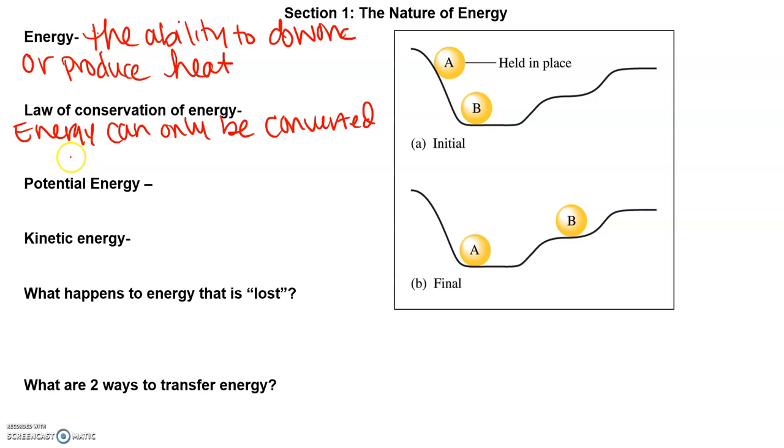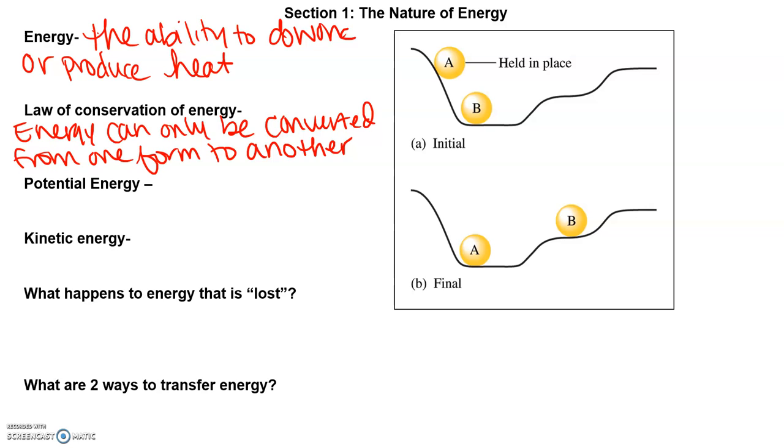But I'm going to write the other part of the definition saying that energy can only be converted from one form to another. Both are appropriate and correct definitions. It doesn't matter which one you look at.